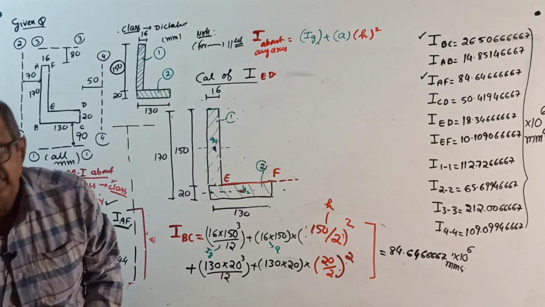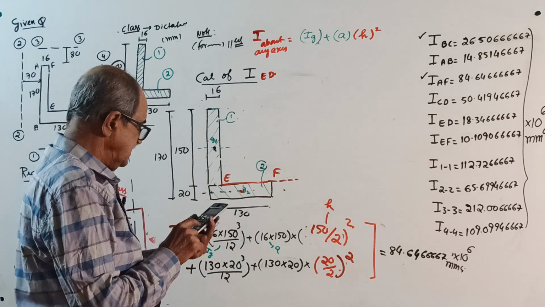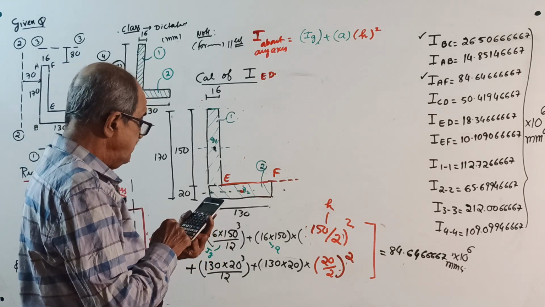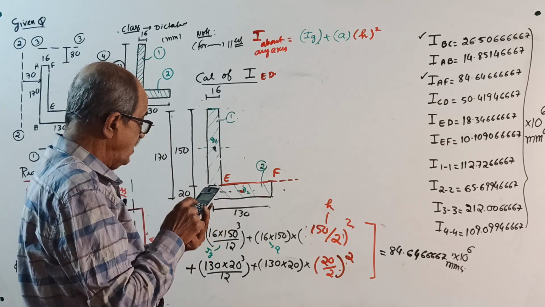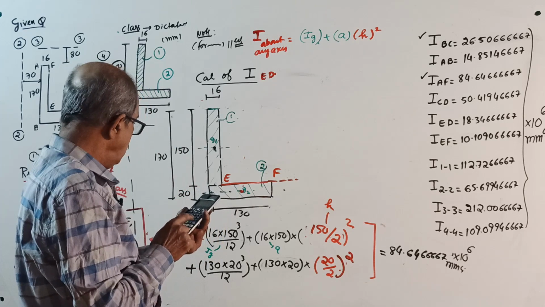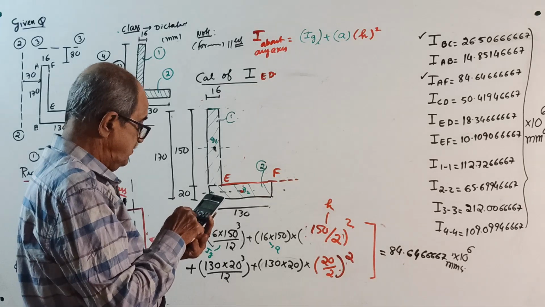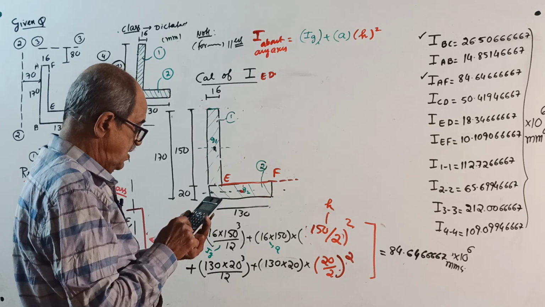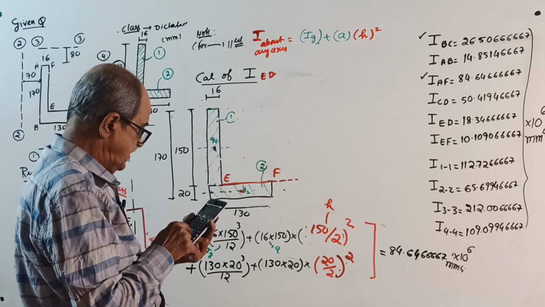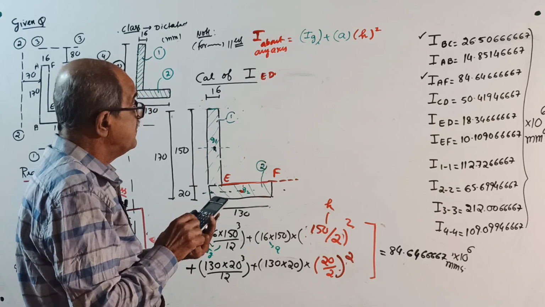Calculate. I think I am doing it a little fast. I need not explain. After reaching this level, 16 into 150 cube, next time I will store that in memory. Cube divided by 12 plus 16 into 150 into 75 square plus 130 into 20 cube divided by 12 plus 130 into 20 into 10 square, divided by 10 to the power 6.